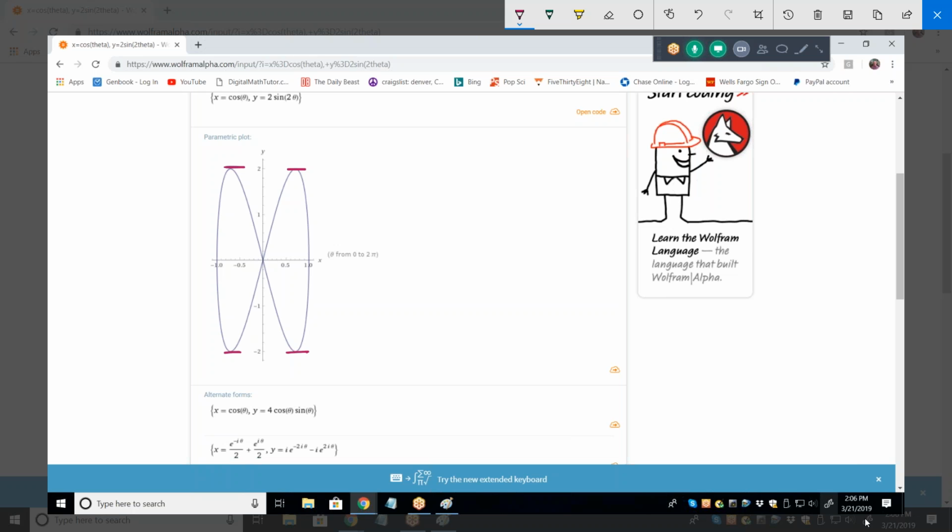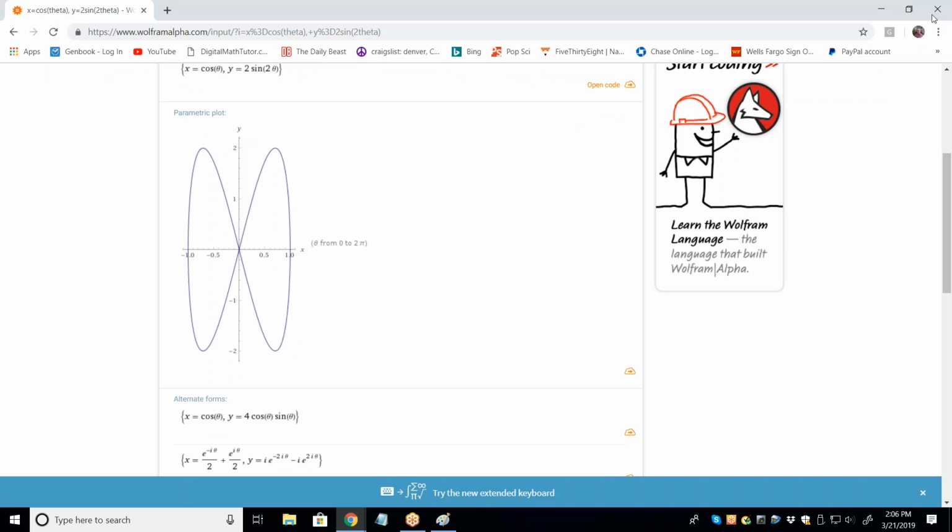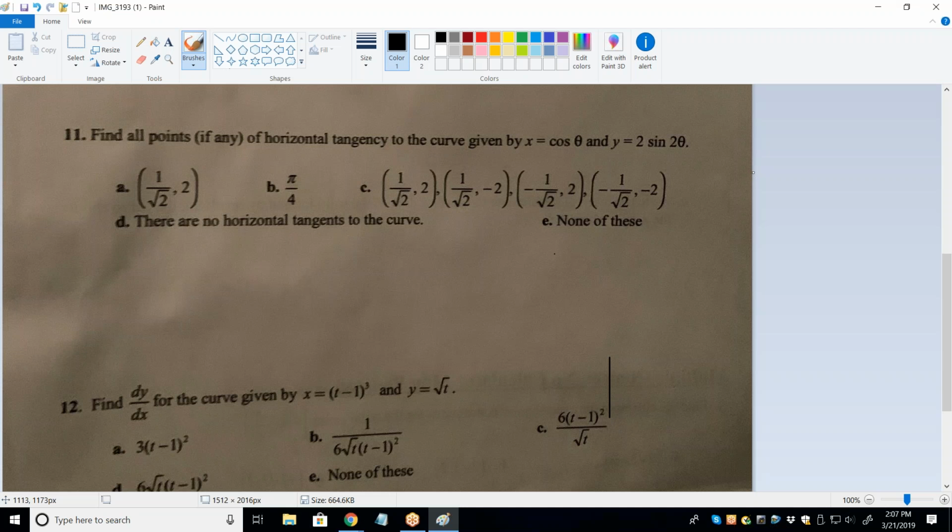Even though these are represented by parametric equations, the theta doesn't really show up yet, not in the graph, because we didn't see it traced. If you see a graph get traced from the beginning to 2 pi, then you see it in action. Nonetheless, we feel like there should be 4 points of tangency. It's a little tricky, but this is the next thing you need to be able to figure out how to do.